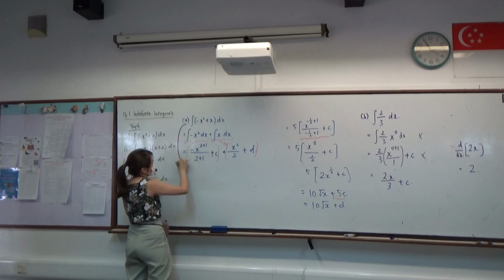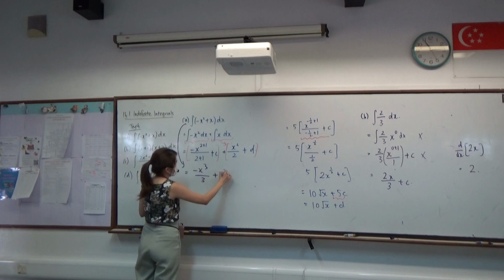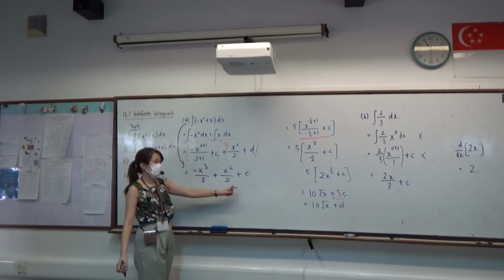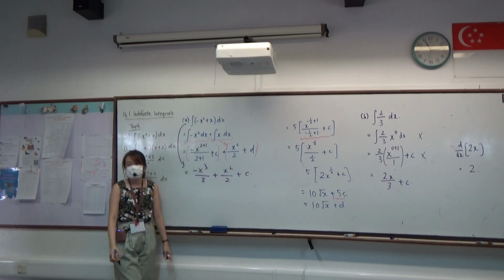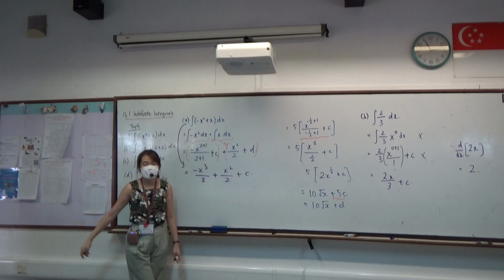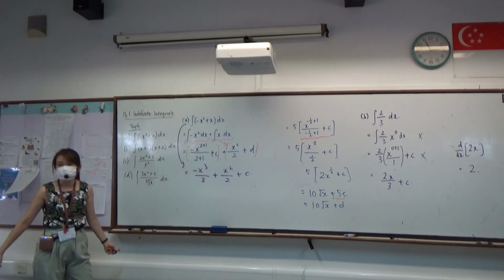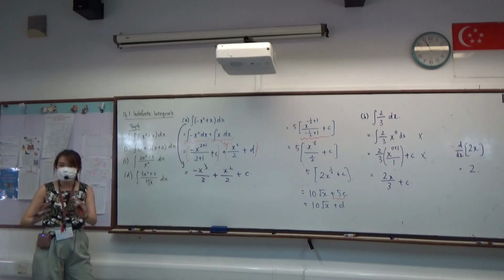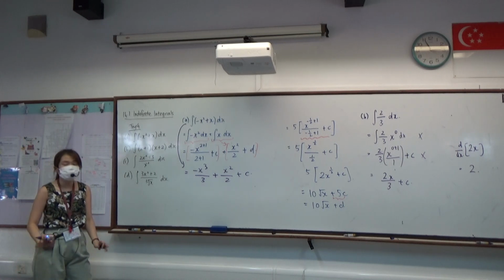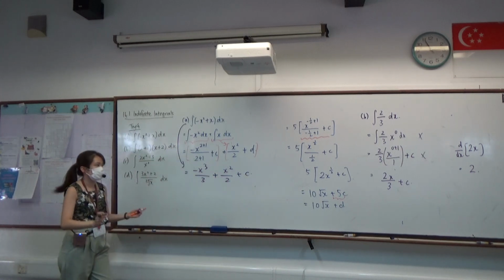You could then write in this manner, whereby you just have one constant c at the back. So you integrate this, you get this, integrate this, you get this, then just plus c. So this plus c here is actually this plus c and this plus c. I'm not concerned about the value of the constant. That's not what we're trying to find at this juncture. The constant is just something that needs to be there to make the integration true.